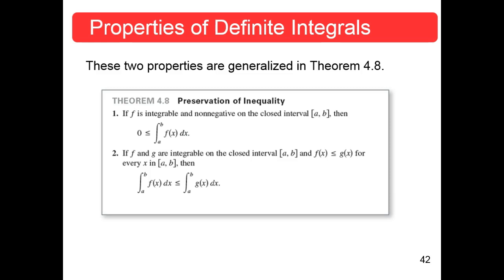If f and g are integrable on a closed interval a to b, and f is always less than or equal to g at every point x in the interval a to b, then the integral of f of x dx is always less than or equal to the integral of g of x dx.